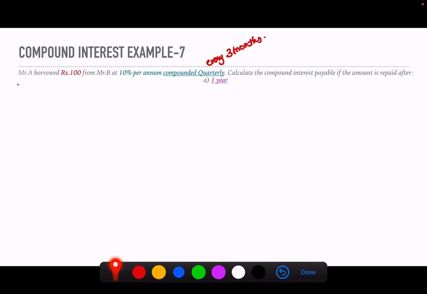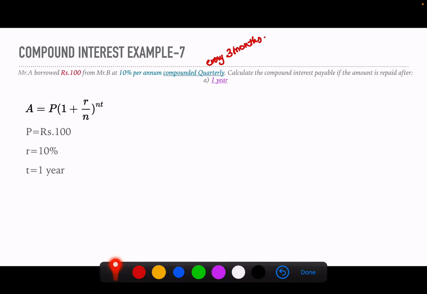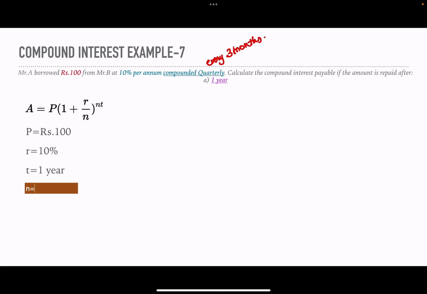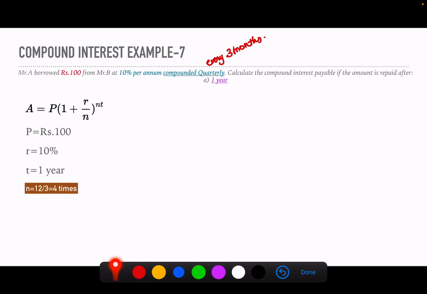Okay, let's put in the formula. A is equal to P into 1 plus R divided by N, all raised to NT. So we have P, R and T. It remains the same. N is equal to 12 divided by 3, because every quarter comprises 3 months. Therefore, compounding occurs 4 times during a year.